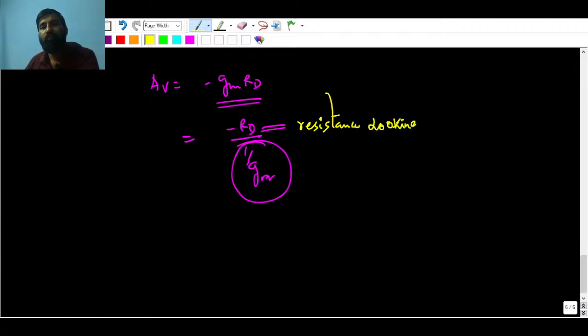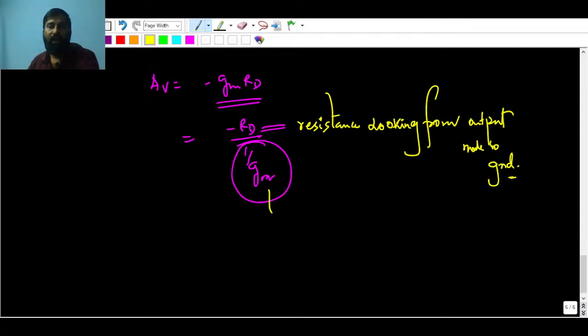So here you can also write the resistance looking from the output node to ground, and this seen from the source terminal.